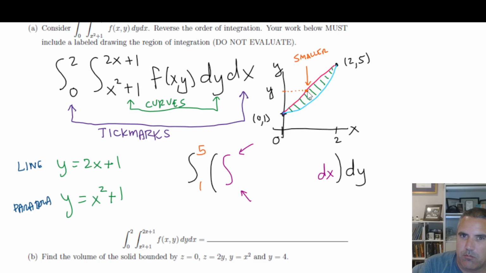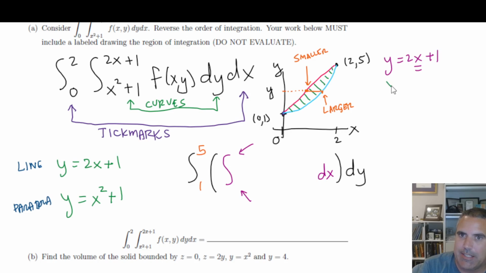I find some people just have trouble thinking horizontally. If you keep going, this will be the larger x. But I need to figure out what those x values are based off of y. So I need to take my functions, y equals 2x plus 1, and get my x value based off of y.